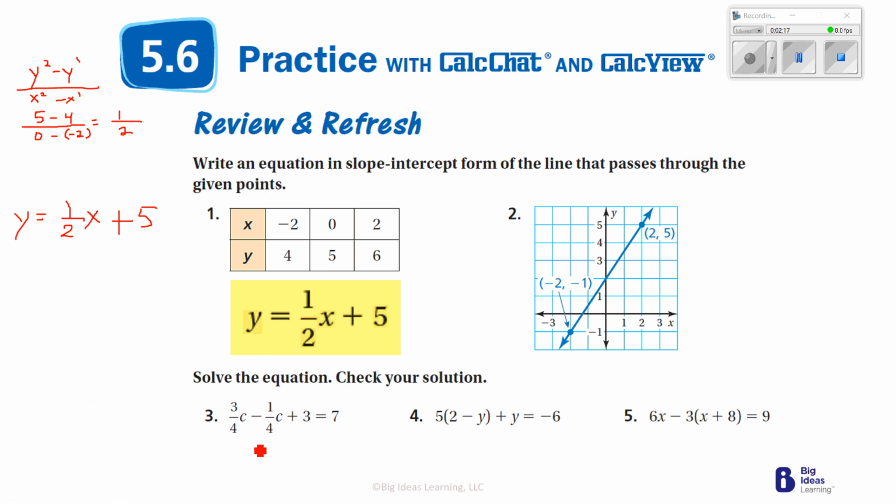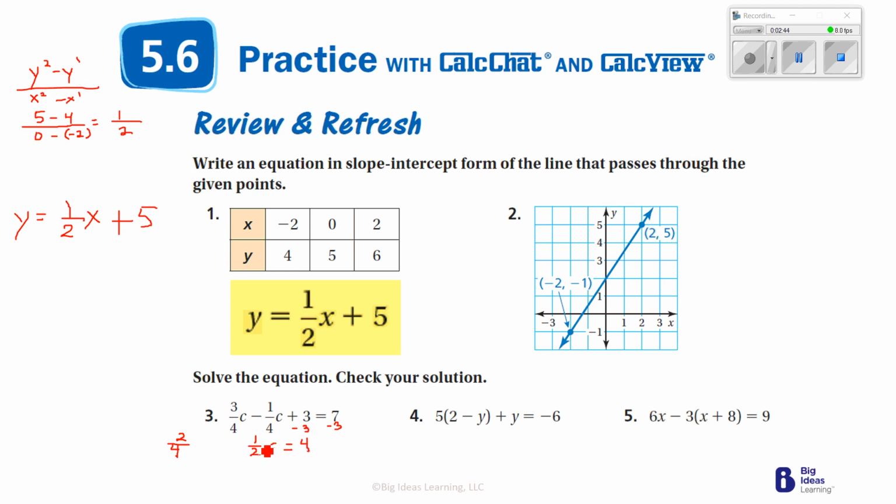These two together will give us 1/2 c, because 3/4 minus 1/4 would be 2/4, right? And 2/4 can be divided by 2 on each side, which gives us 1/2. And that will give us equals 4.